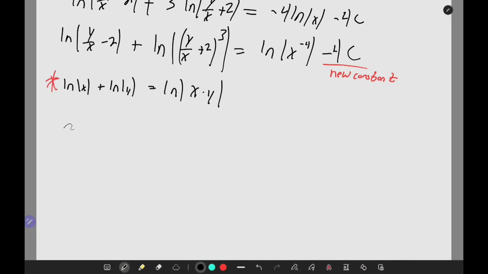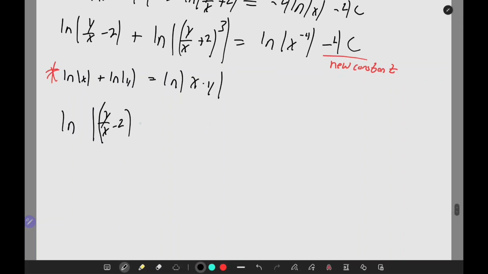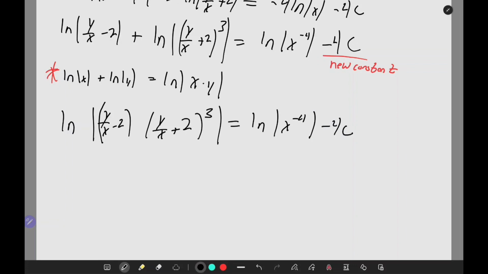So I'm going to use this rule on this side. That's the natural log of y over x minus 2 times y over x plus 2 cubed is equal to natural log x to the negative 4th plus c, sorry, minus 4c.